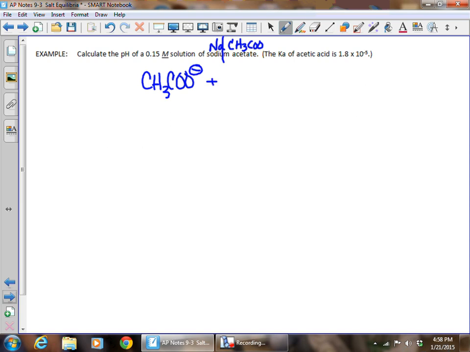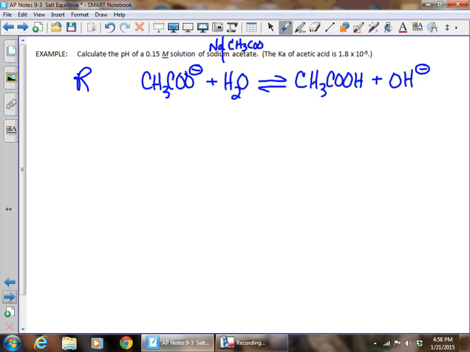So water's going to attack the weak part of this, which is going to take a hydrogen away from the water and leave OH minus behind. So there's my reaction. We just said it was a 0.15 molar solution. Remember, this splits, so it's a soluble salt, which means if we have a 0.15 molar solution of sodium acetate, we have 0.15 molar sodium and 0.15 molar acetate.